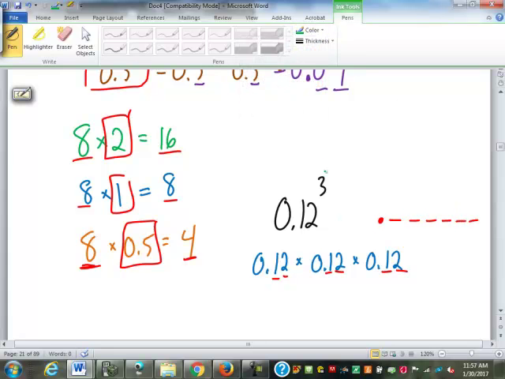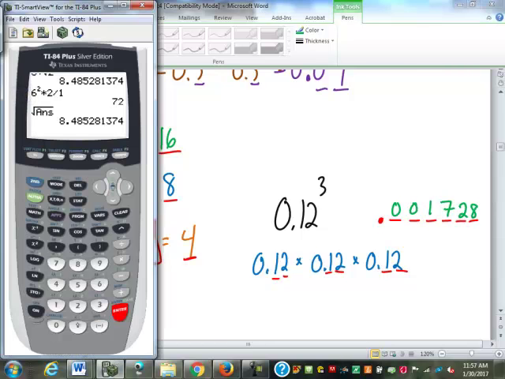Now, 12 to the third power is 1,728. Have to fill in the zeros. And the calculator will confirm that. Now, a lot of times your calculator is going to kick this into scientific notation. And scientific notation is something we will talk about either Wednesday or Friday of this week.